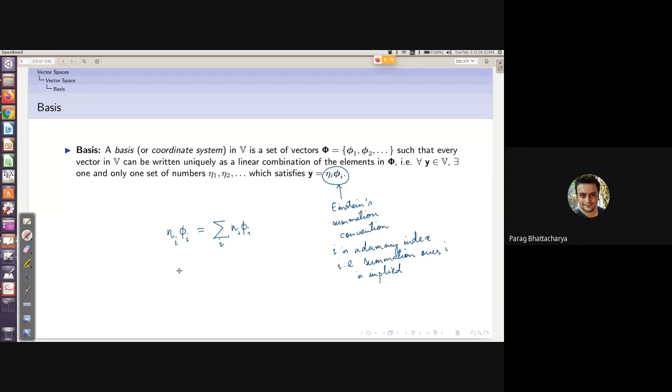So when I write y as eta_i phi_i, it is understood that y is equal to eta_1 phi_1 plus eta_2 phi_2 plus eta_3 phi_3 and so on. So a unique set of basis elements is such that any vector in this vector space can be written in this way, that is, it satisfies this condition.